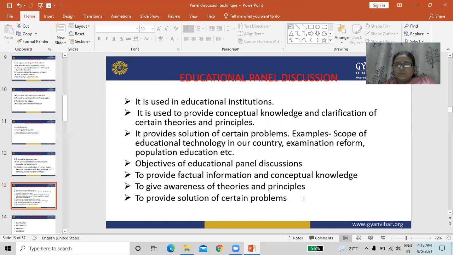As in educational panel discussion, the panel members are educationists, or they are experts in a particular field. So they will provide solutions. They clear our doubts. They clear our theories, principles, and they provide factual information and conceptual knowledge for the audience, for students.